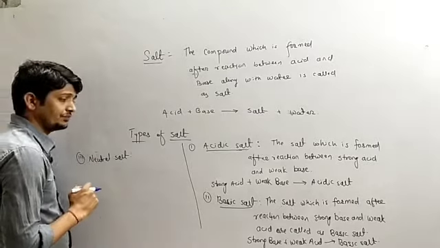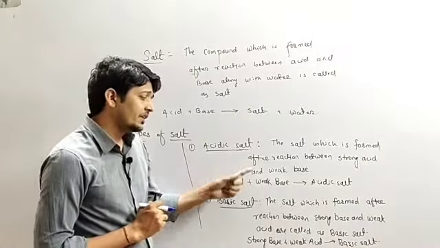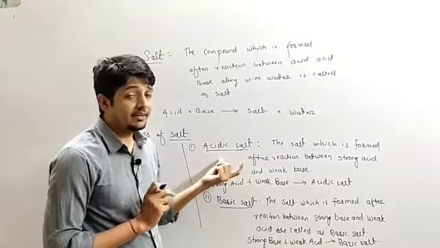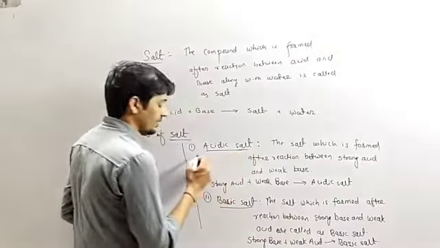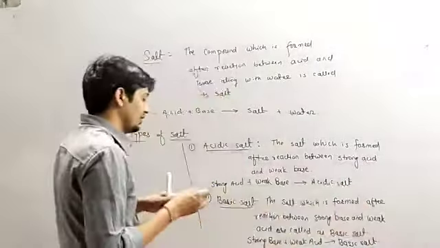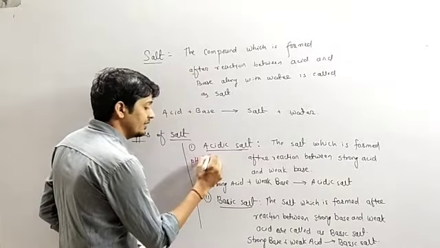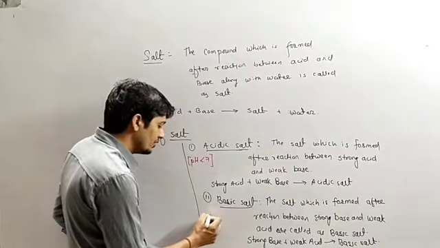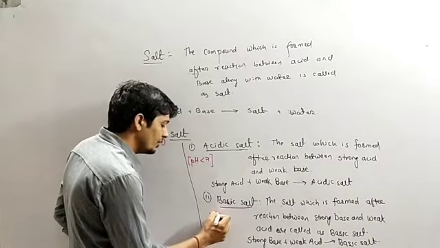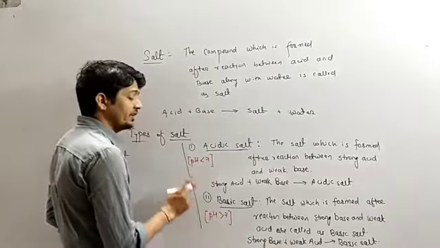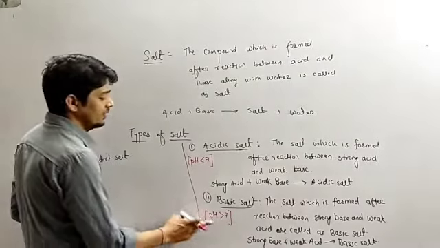Okay, so here we have to write, here pH value is less than 7 in case of acidic salt, and in case of basic salt pH value will be greater than 7. So here this is a very important point that you have to remember.